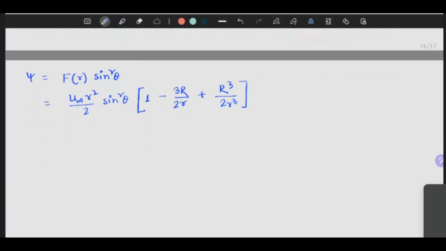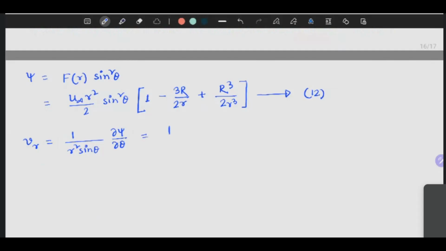Okay. So now if that is the case, Vr will be 1 by r square sine theta delta psi delta theta.